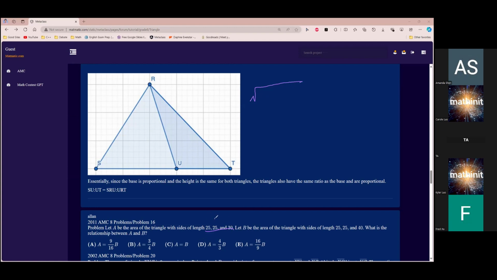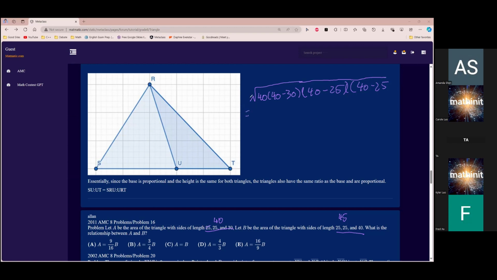For this one, P is going to equal 40: if you add them up, they total 80, and you divide by 2, it's 40. And for this one, P is going to be equal to 45: add them up, you get 90, and divided by 2 is 45. So for A, it's going to be 40 times 40 minus 30 times 40 minus 25, times 40 minus 25.